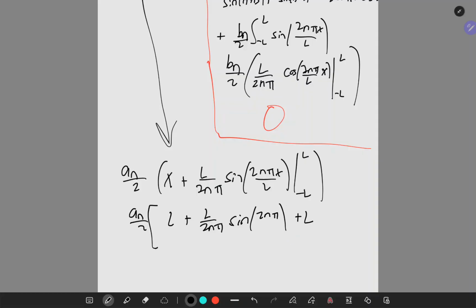So plus L minus L over 2n pi sine of negative 2n pi.